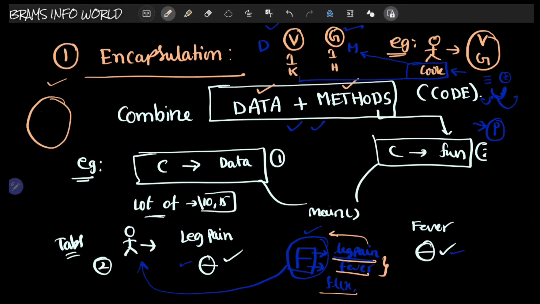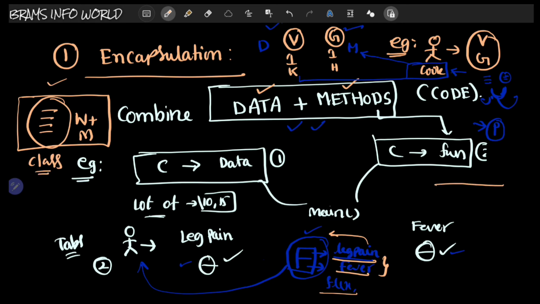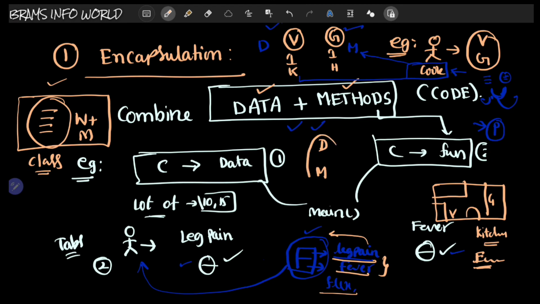The wrapping of data as well as methods combined together in one area, that area we call a class. If you go to the kitchen, all items like the fridge, vegetables, groceries, tools and containers are combined in one place. That kind of kitchen we can call encapsulation. In a similar manner, in Java the wrapping of data as well as methods is in one area, and that area we call a class.